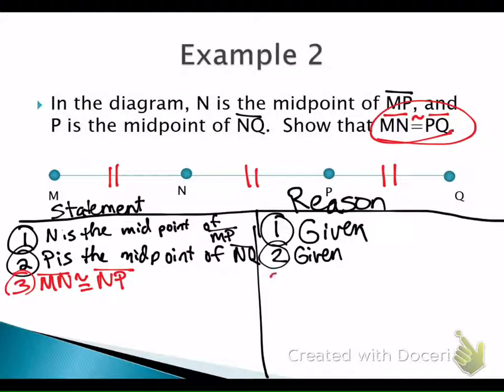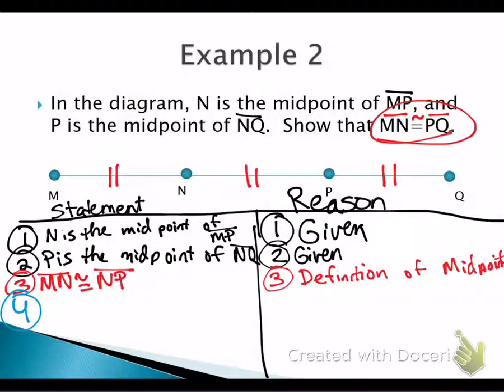So the reason we knew that is because we had a midpoint, and that's the definition of being a midpoint. So we will cite a lot of definitions and theorems that we know in our reasons column. So what do we know? How do we know it? All right, and we know that those are congruent because it's a midpoint.